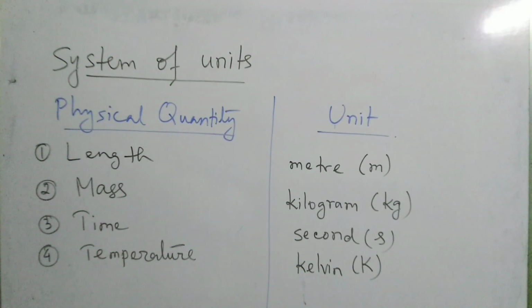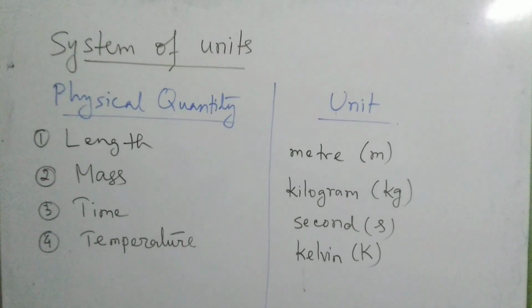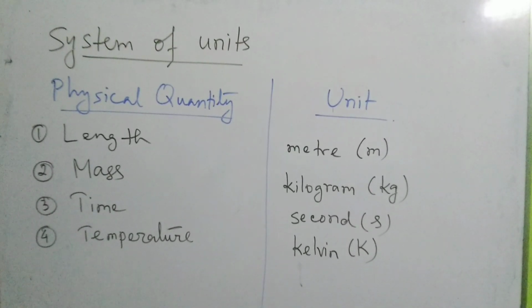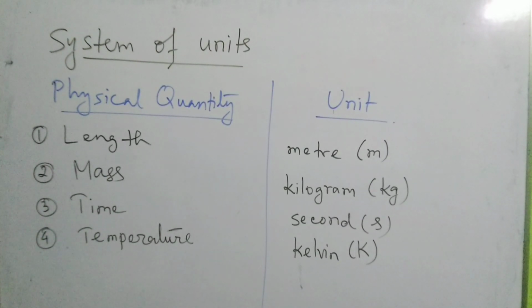There are certain rules regarding the writing of units. We will be discussing them later. Just remember, when you are writing it in full form, it must be in small letters, and the abbreviated form, if it is named after a scientist, should be in capital, else it should be in small letter. Okay.